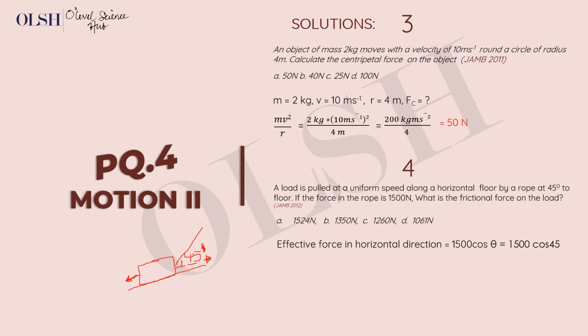Because the force is 1500 newtons, we find the horizontal component. Of course, 45 degrees is the angle that force makes with the horizontal. So we simply do F cos 45 degrees, which is 1500 cos 45, which gives us 1060.1 newtons. Okay, so this is the force that was required to overcome the force of dynamic friction for this object to start moving at uniform speed.